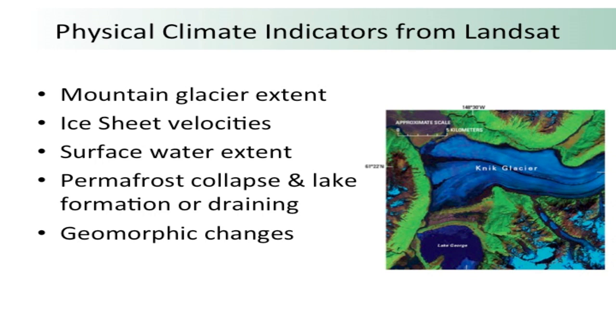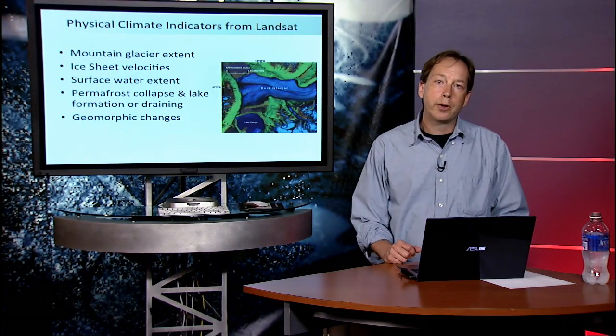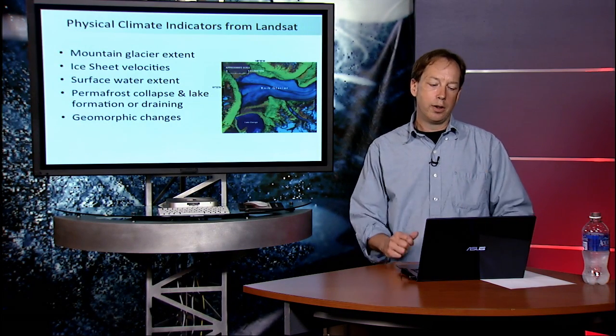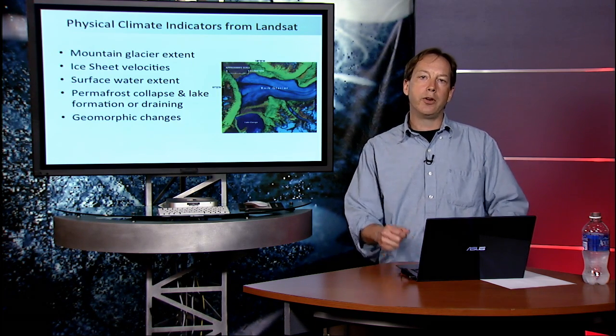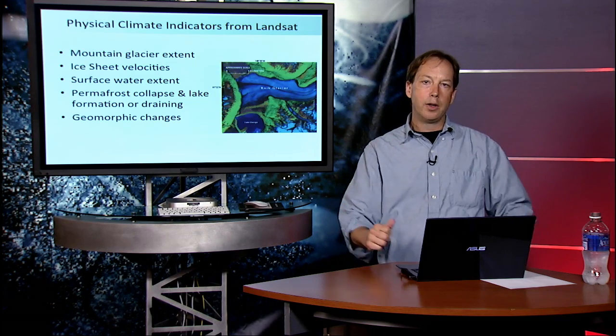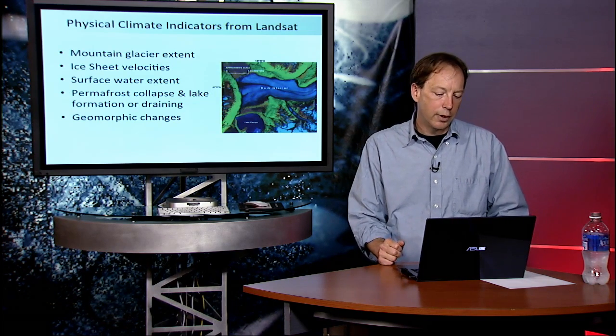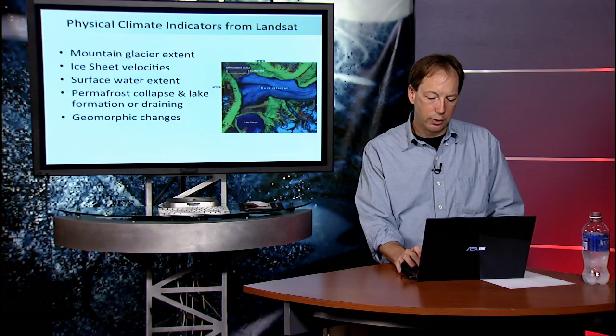People have looked at mountain glacier extent through time around the world and have deduced that the majority of mountain glaciers and tidewater glaciers are retreating. Ice sheet velocities in the major ice sheets of Antarctica and Greenland. Changes in surface water extent, lake area, and lake condition. Permafrost collapse and the associated formation of lakes through ponding or the draining of permafrost lakes, and also geomorphic changes, particularly along coastlines.